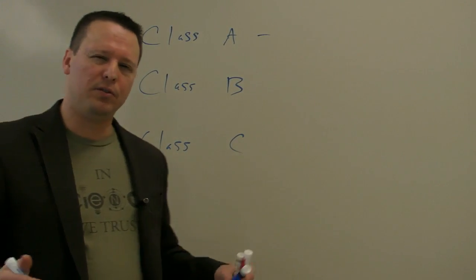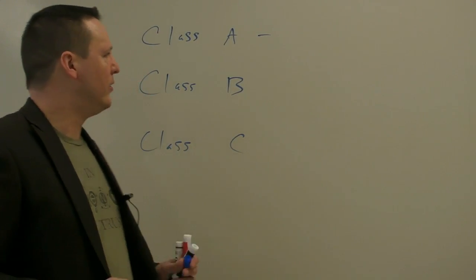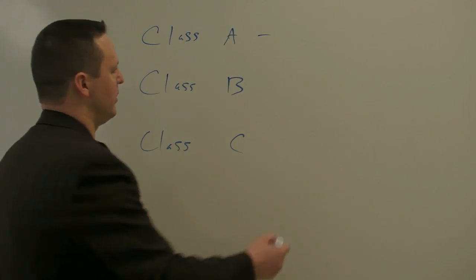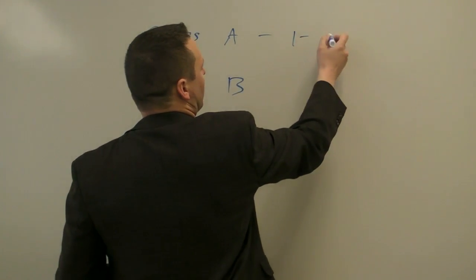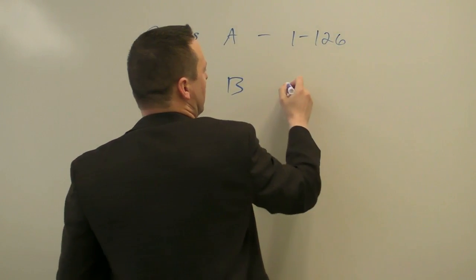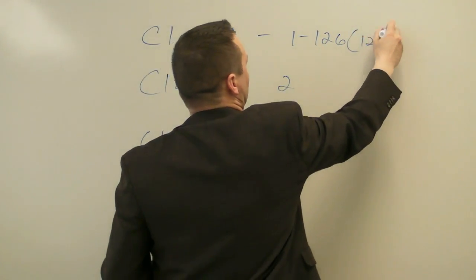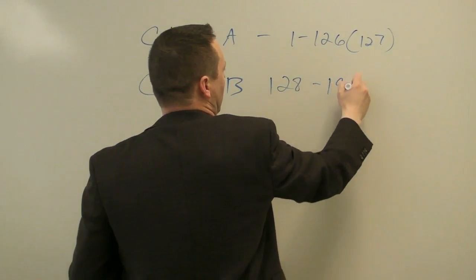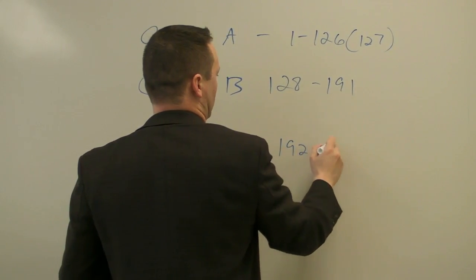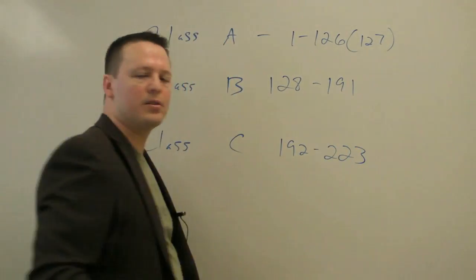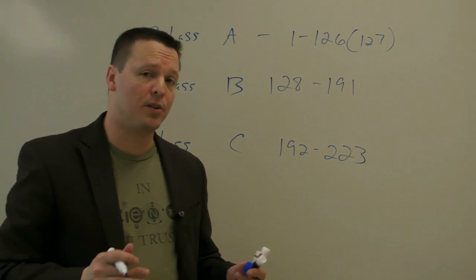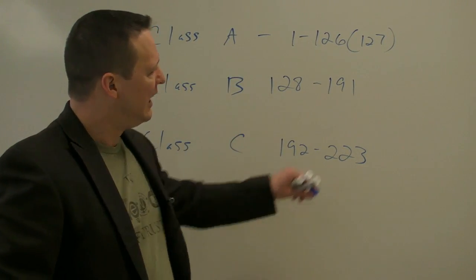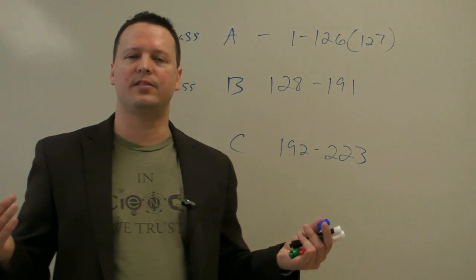So by default for class full, what I mean is that you understand the ranges of addresses with these. These are assumed that you understand that the first octet or the first byte of an IPv4 address defines the class. And the reason I wrote 127 here is that's the local host.